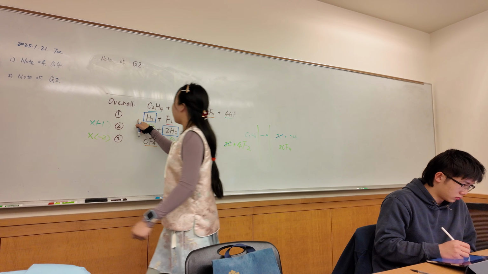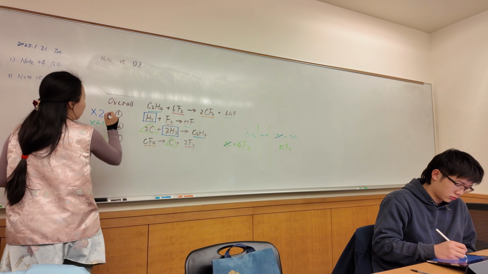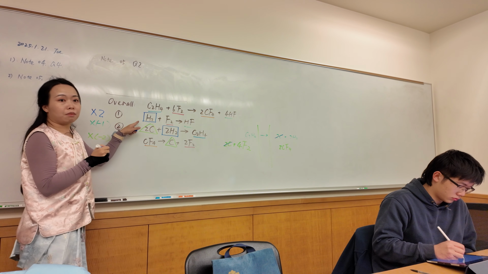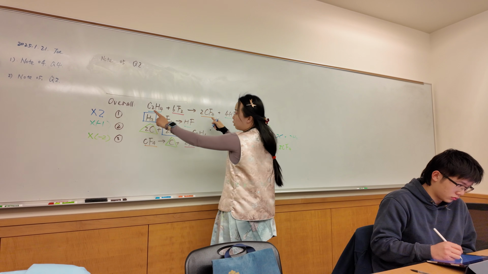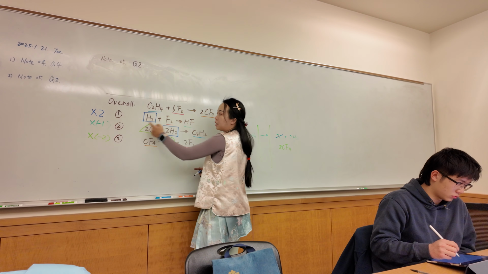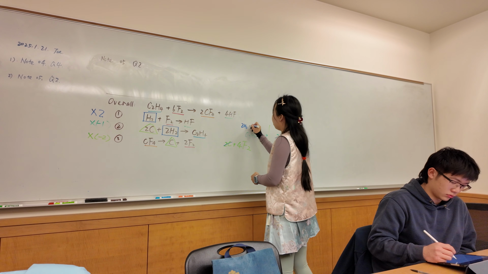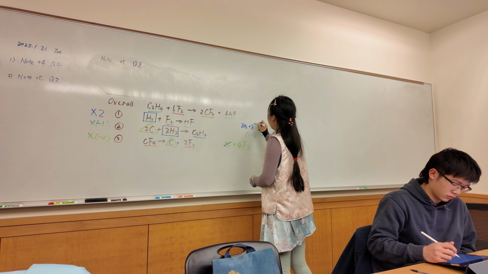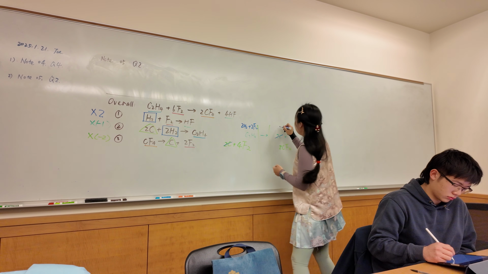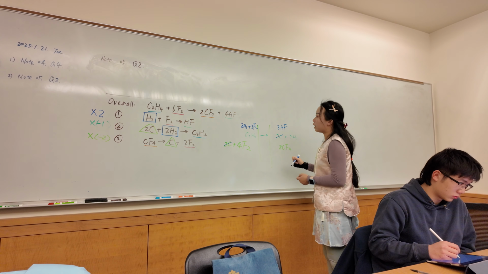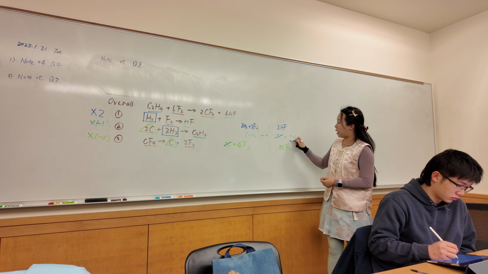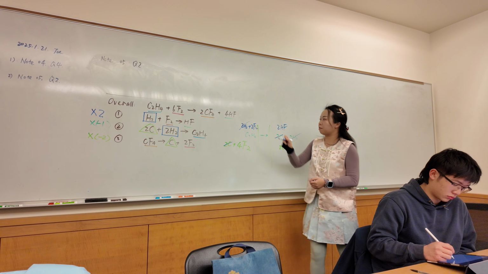We should multiply everything here by 2, because H2 is already on the reactant side, right? If everything is multiplied by 2, the first reaction becomes 2H2, 2F2, and 2HF. So now my 2H2 can be cancelled.